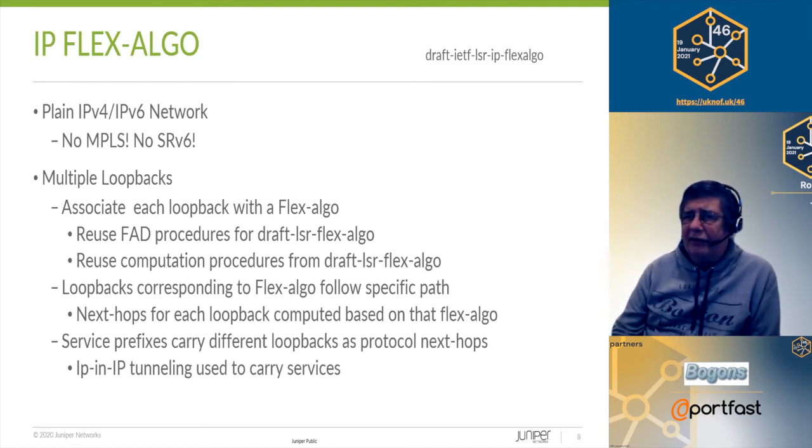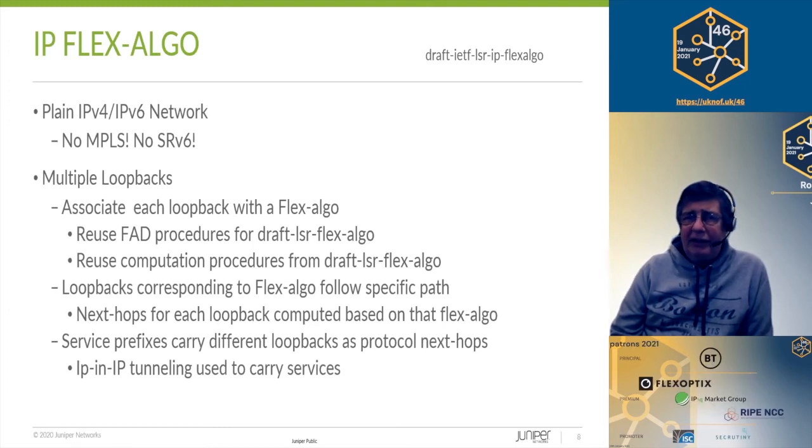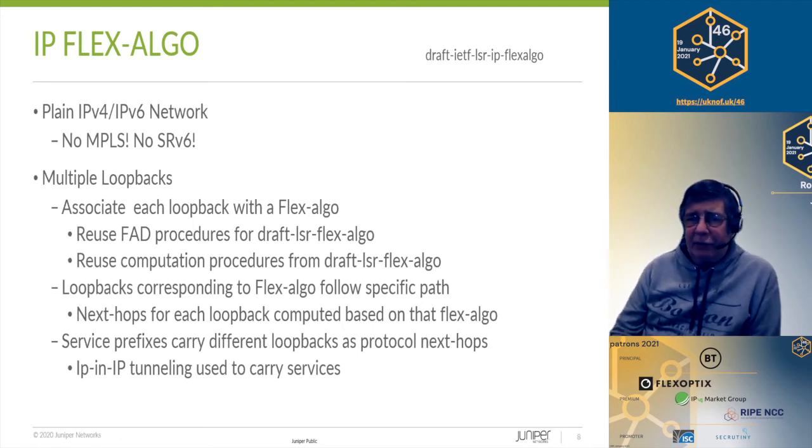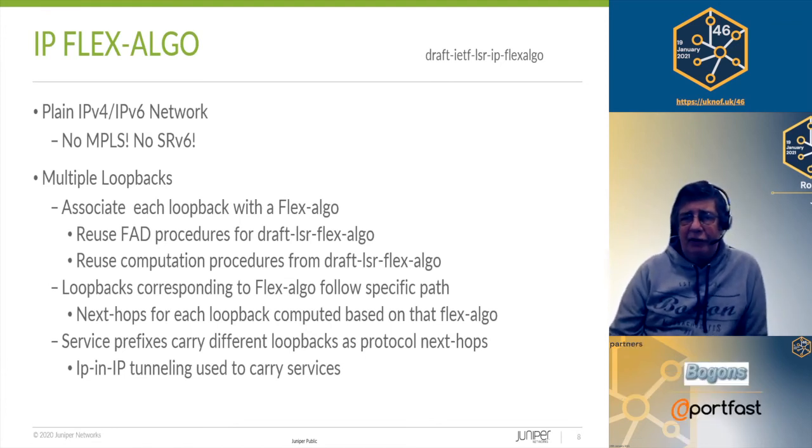Draft IETF LSR Ipflexalgo. The nice thing about it is it works with plain old IPv4, IPv6 network. You don't need MPLS, you don't need SRv6, you don't need RSVP. All you need is IP and your favorite IGP. The trick is that there are multiple loopbacks, and you associate each loopback with a Flexalgo.